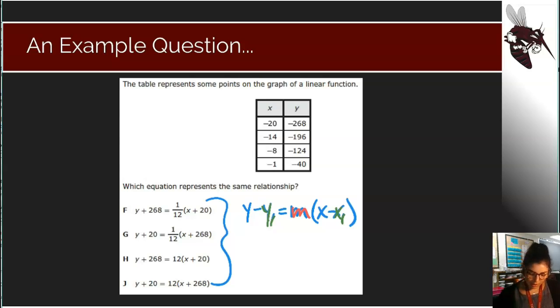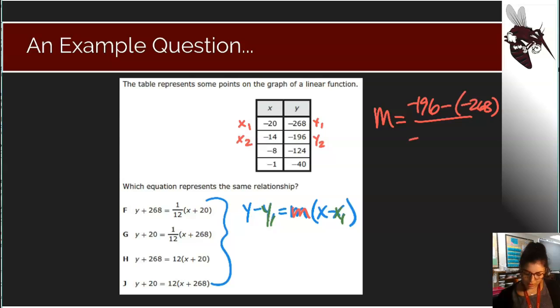Well, table, easy. I already know how to find the slope from a table. We've practiced this. We know that my slope is y2 minus y1 over x2 minus x1.